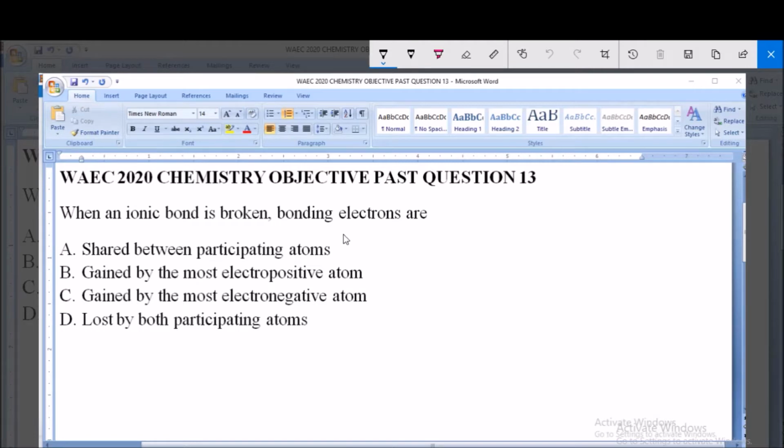So what we are looking at here is an ionic bond, and an ionic bond is also known as an electrovalent bond.